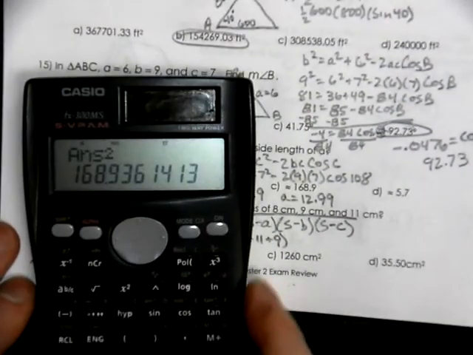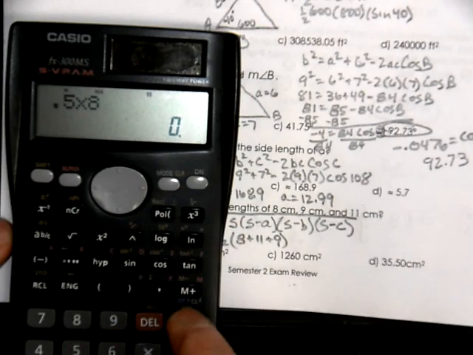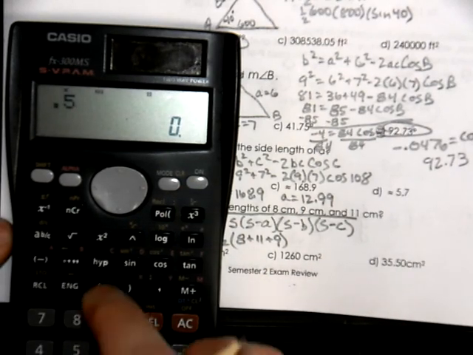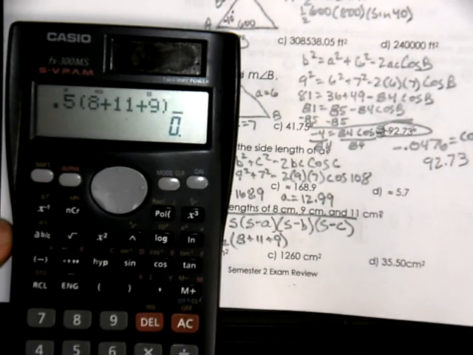So using our calculator, we're going to take half of 8. Let's do that correctly. Half of 8 plus 11 plus 9. That gets us 14.